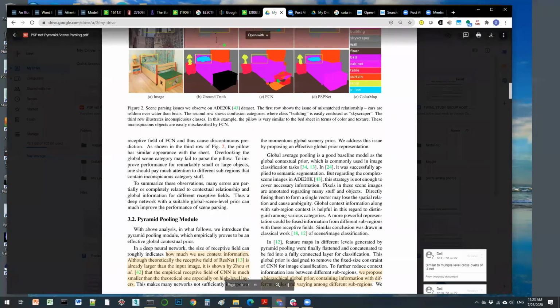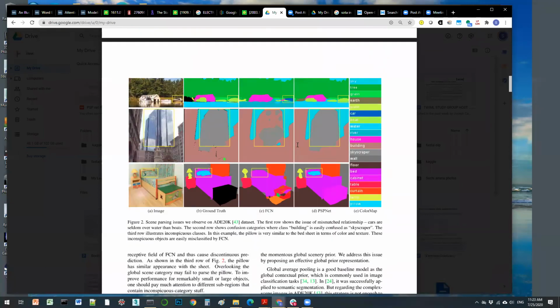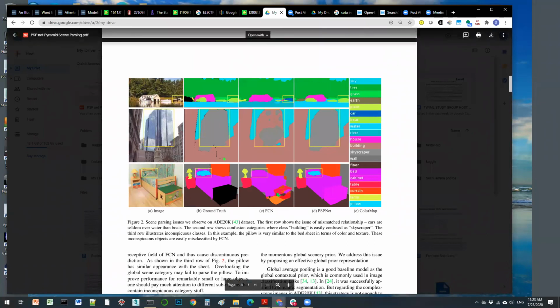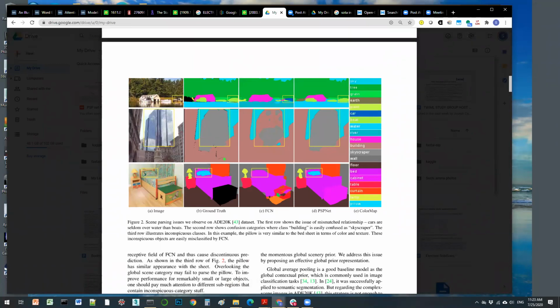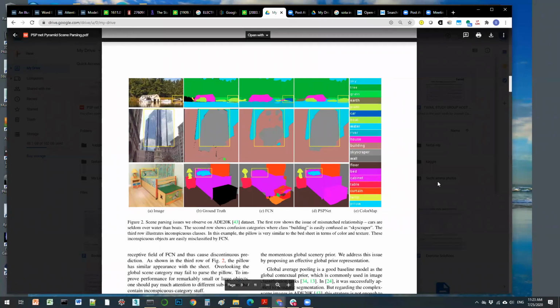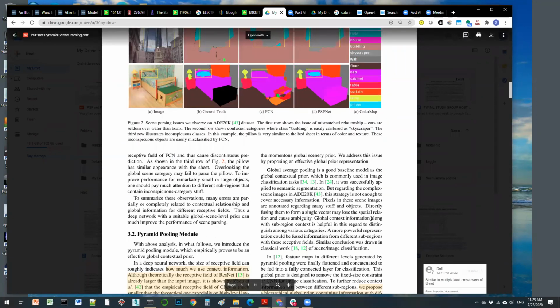Scene parsing issues, so this is the one they talk about. For example, that picture, if I'm not mistaken, is that of a boat, but you get it wrongly classified as a car. And by providing the context of the lake and stuff, you get it moved towards a boat. That's it. So the 3 data sets they use are ADE20K, Cityscapes, and VOC 12.